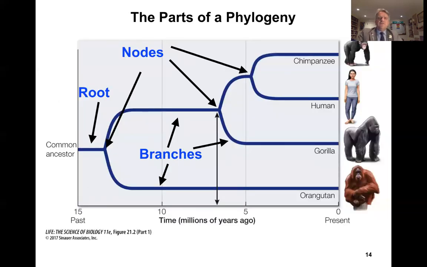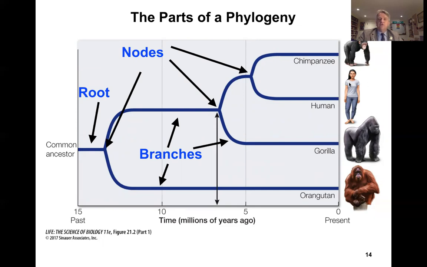Okay, let's dig in and look at the parts of a phylogeny. Essentially, your lines here are the branches. Branches that are in the inner part of the phylogeny we call internal branches, and branches that extend out to the organisms that are in the analysis we call terminal branches.